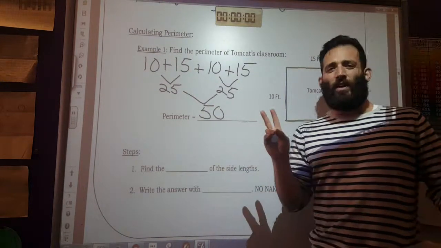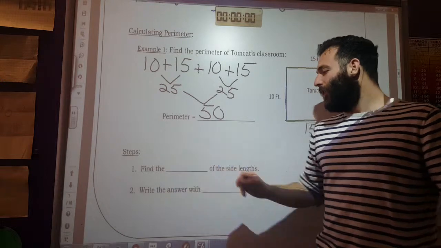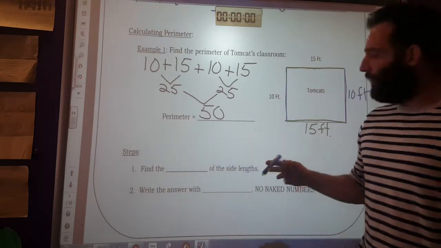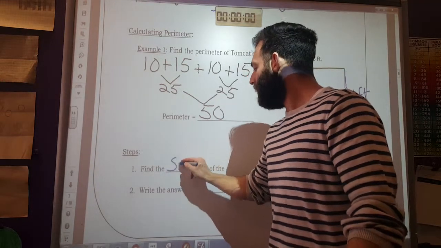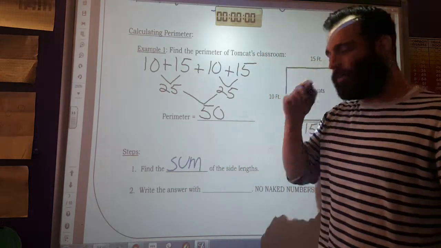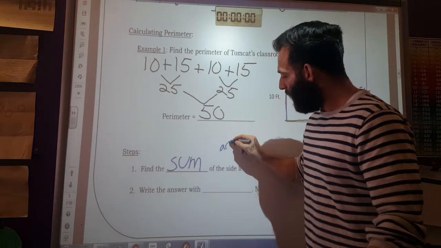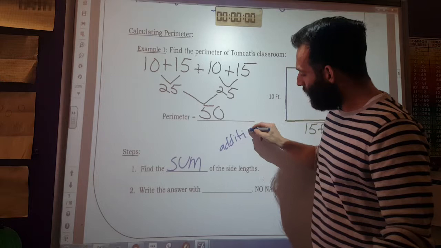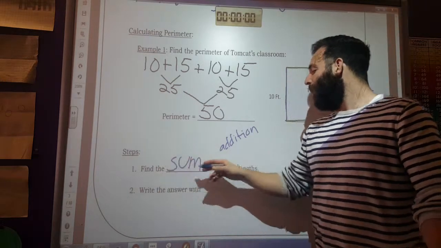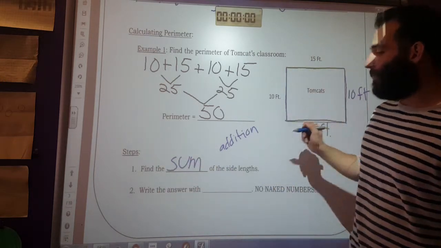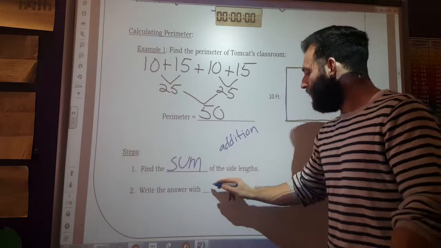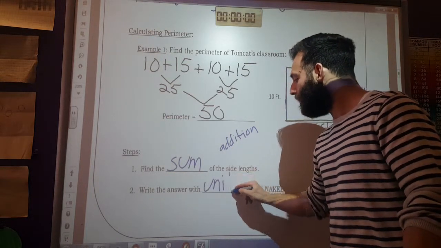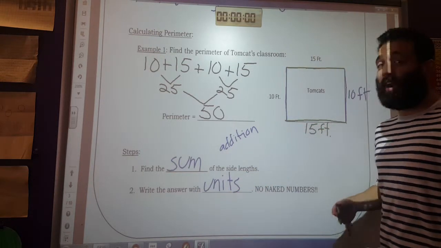So there are really two steps to finding the perimeter. You need to find the sum. Remember, when you hear sum, think addition. Find the sum of the side lengths, and then write the answer with units. We don't want any naked numbers.